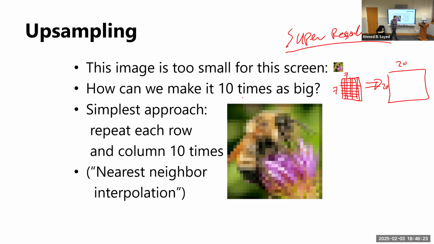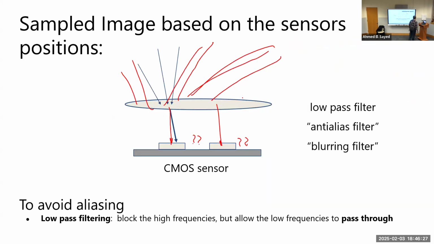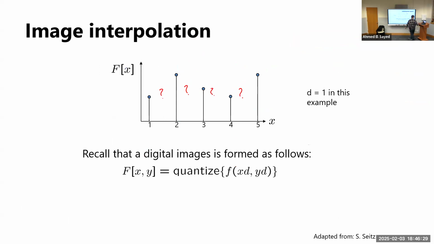What is the meaning of nearest neighborhood interpolation? It says simply: I will start from this position and this value will continue with me until I arrive at the next sample. So it will go like this. All this value will be within this range.